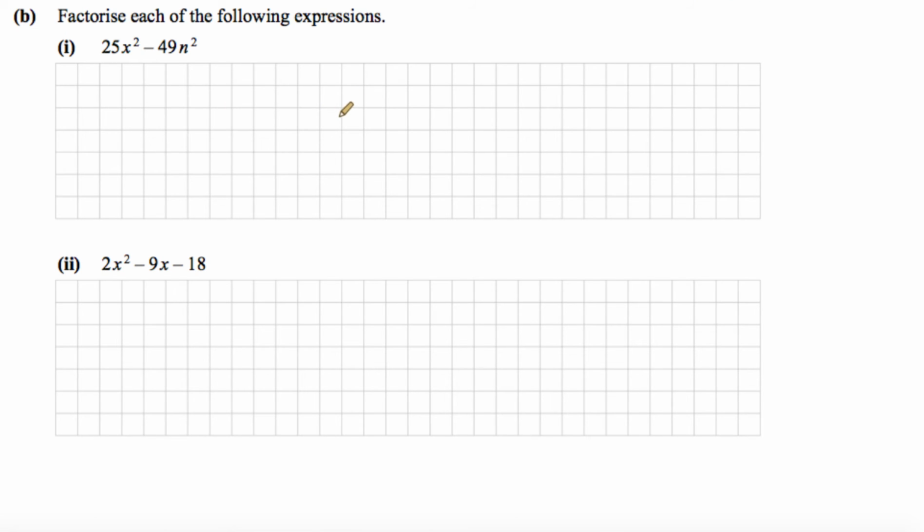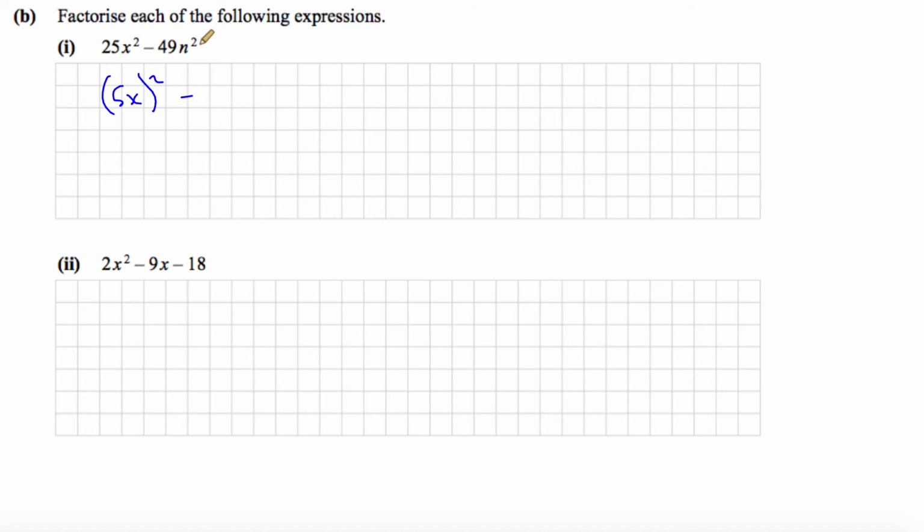Part B says factorize each of the following expressions. So when you look at this, there's nothing common to both terms. There's nothing we can factorize out of both of them. But you should spot from the squares here and the subtract sign that this is the difference of two squares. So this could be written as the square root of 25x squared is 5x. So it's (5x) squared.